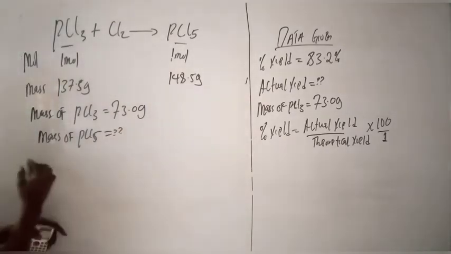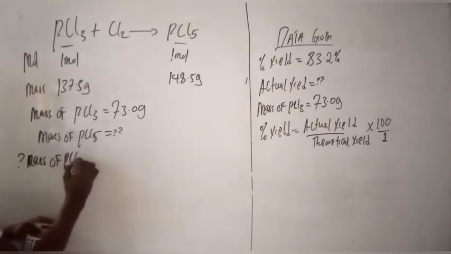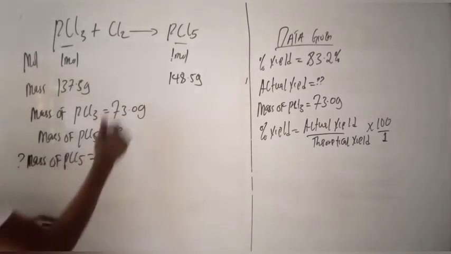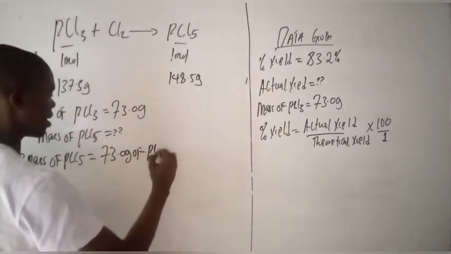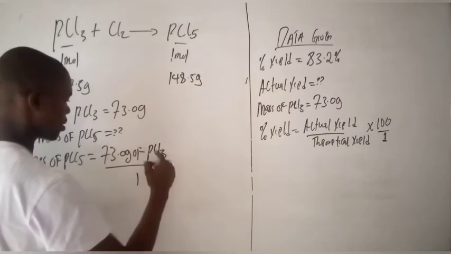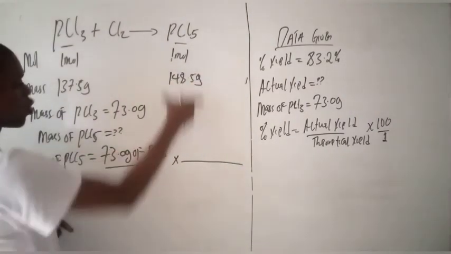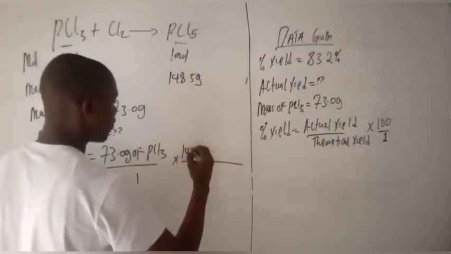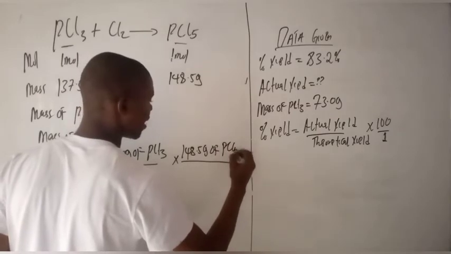It's very easy. The mass of PCl5 equals 73.0 gram of PCl3 over 1, times, because I'm looking for this one, this will go to the top, 148.5 gram of PCl5.